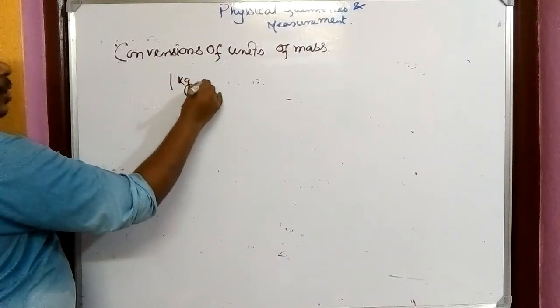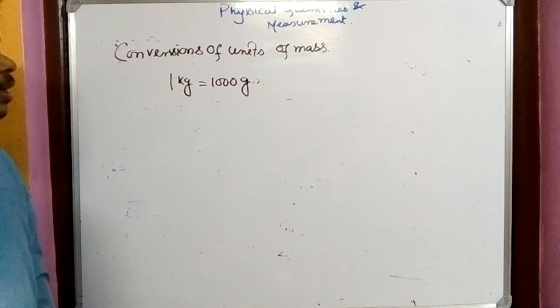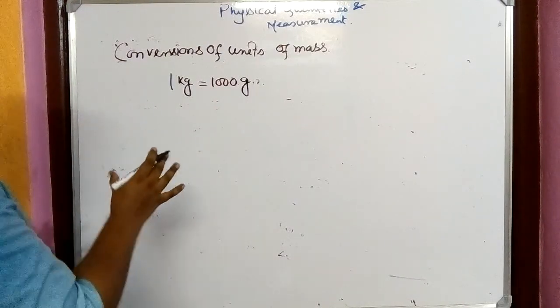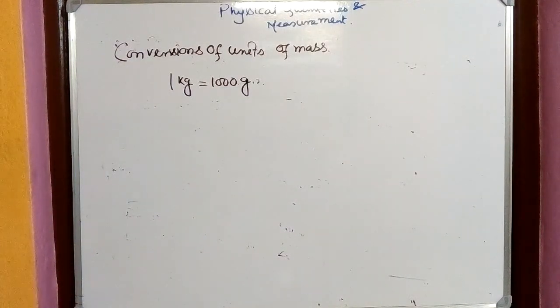1 kg is equal to 1000 gram. That is a very common relation and we have seen it very often.